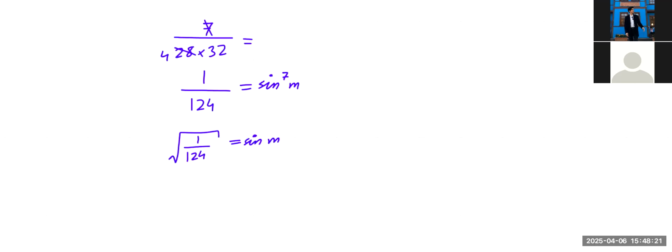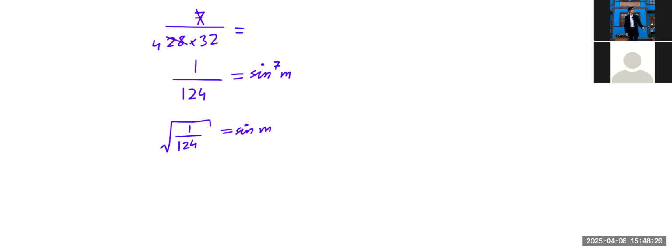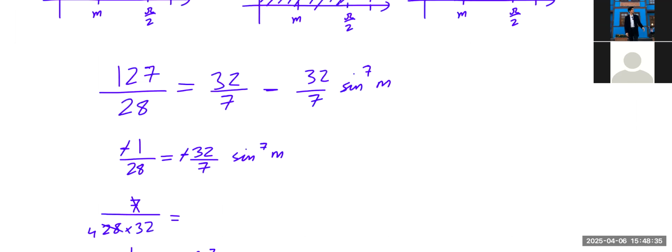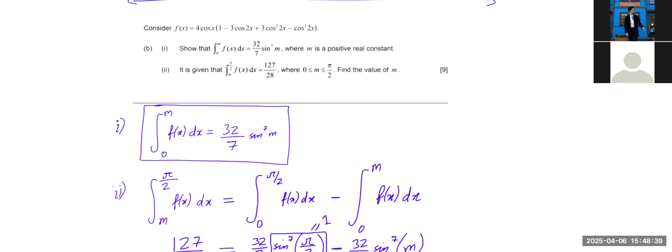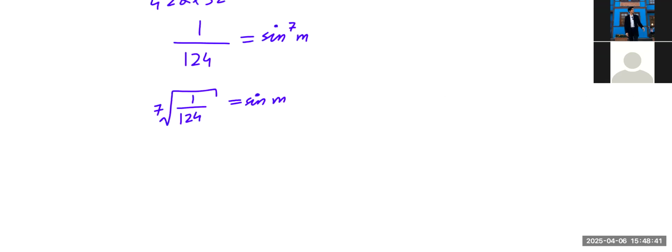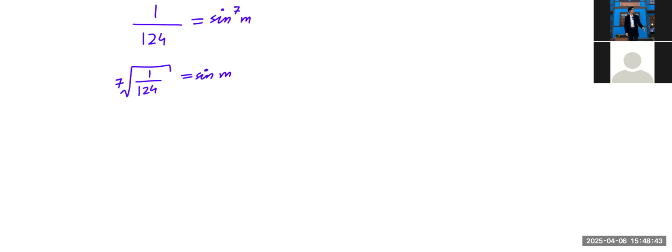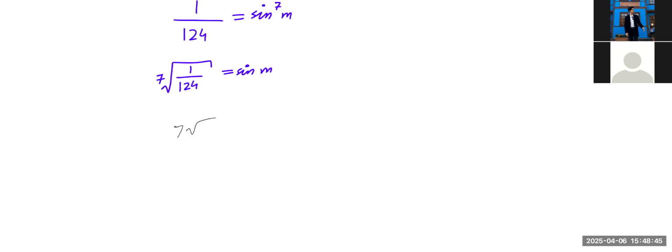I hope it's a clean number. I don't think it's going to be a clean number, I mean, a whole number. Oh, seventh root, by the way, not square root. Are you finding it? I did this on my calculator though.